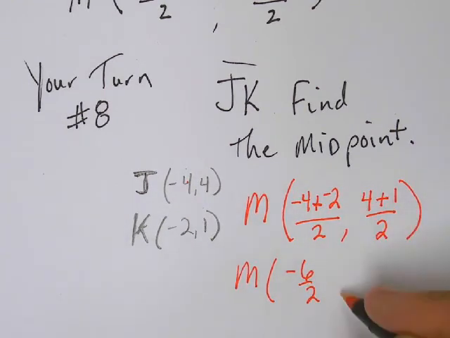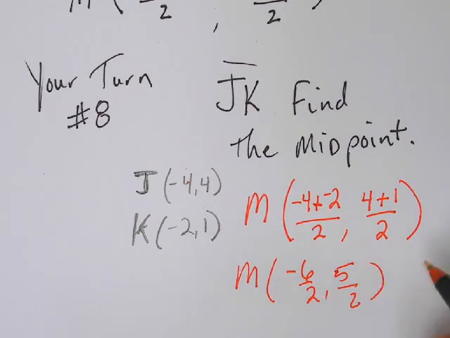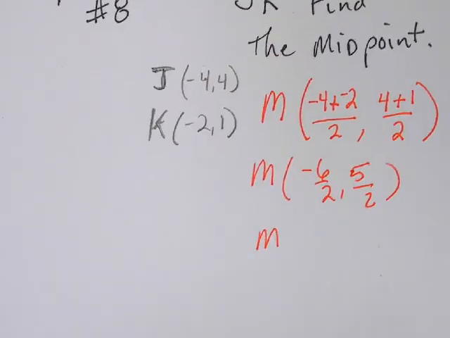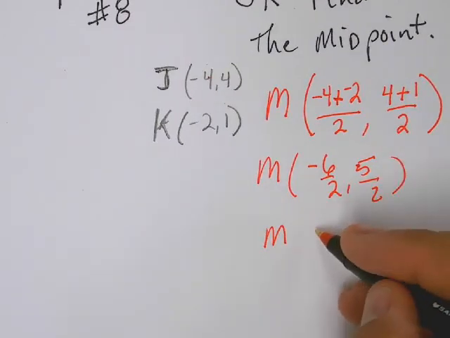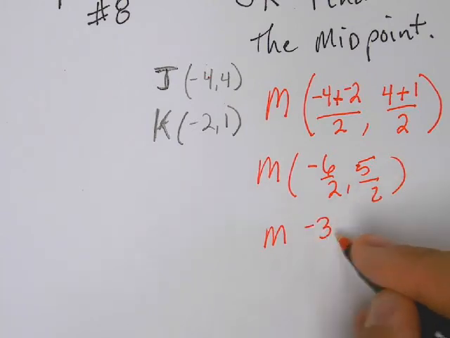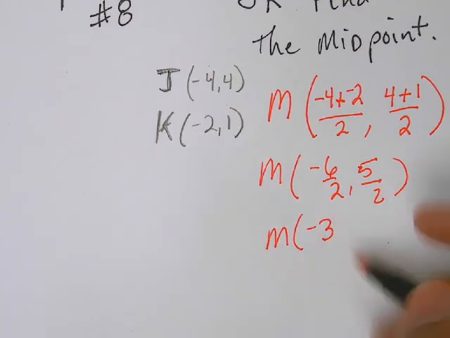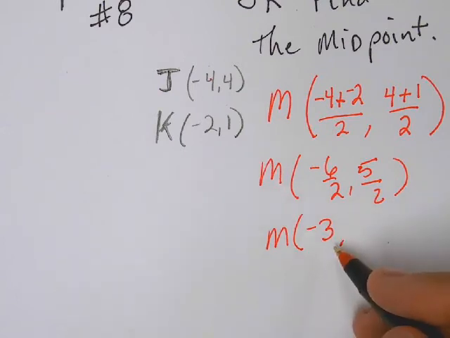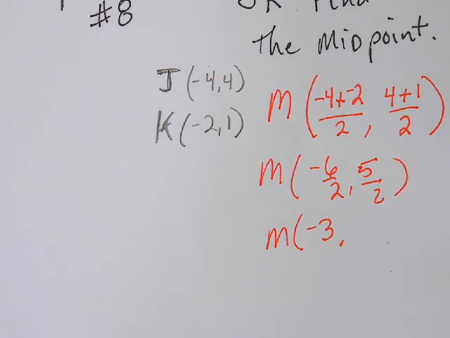What's 4 plus 1? Van Buskirk, reduce those. What's -6 over 2? You're right, it's over 1, but I don't have to write it, right? It's over 1. Okay, good.